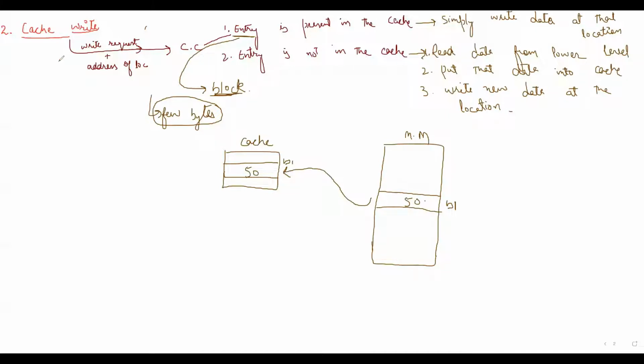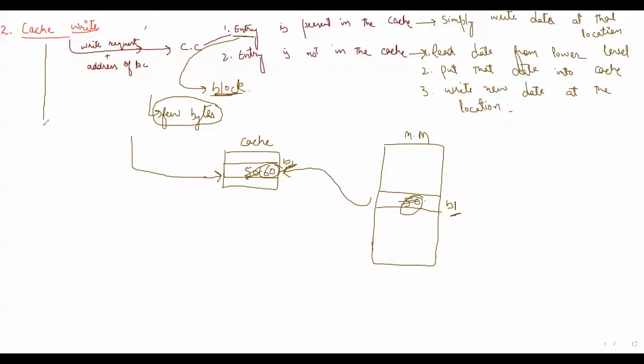Now let's say my processor says to update this particular block, so it will update it to 60. Now, we have the value of block B1 as 60 in the cache, but in memory we have the value of B1 as 50. This should also be 60 now. Why? Because my processor has updated this data.